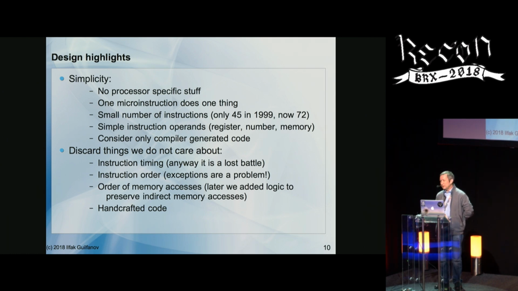Because for handcrafted code, the battle is almost lost because any instruction may mean anything else. So, for example, if you see in the listing something like increment EDX, it could mean, well, increment EDX may be not that bad because it's difficult to change its meaning.